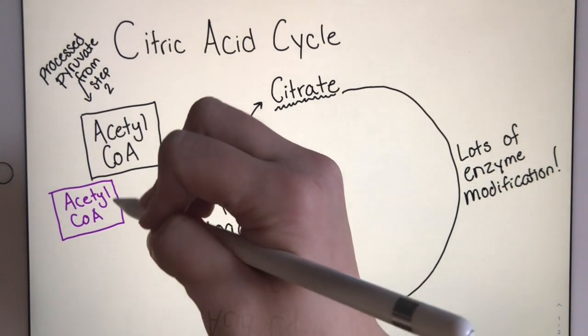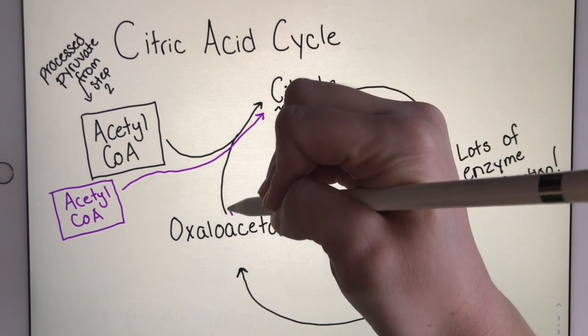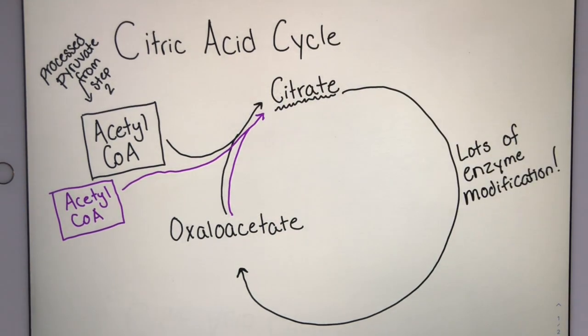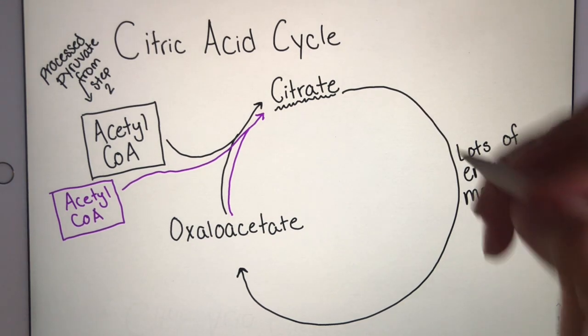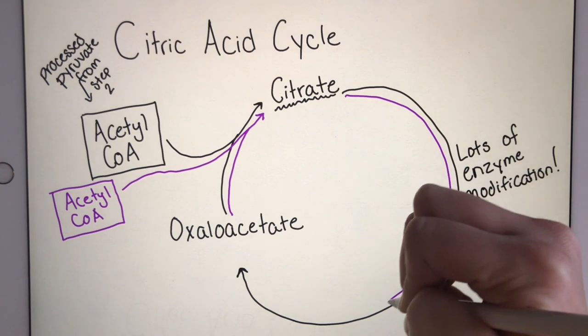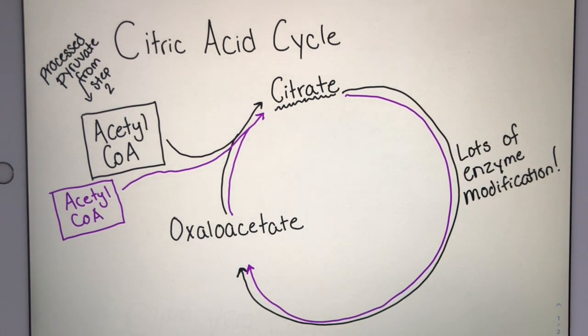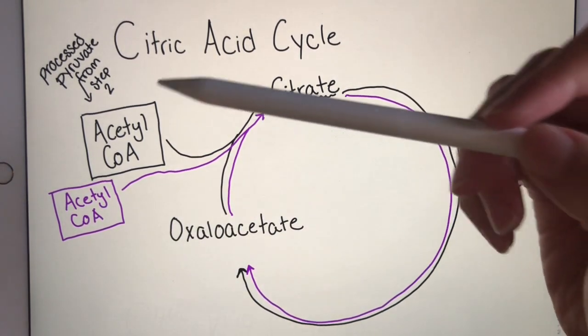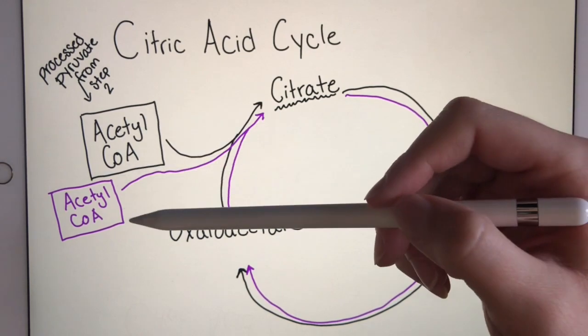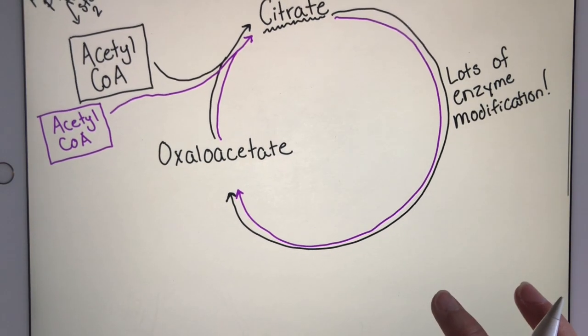So there's my other molecule of acetyl-CoA coming in, combining with another molecule of oxaloacetate to become citrate, which is then modified extensively by enzymes to be recycled back into oxaloacetate. So you can see now that I have both acetyl-CoAs from step 2, and that's going to help me when I'm figuring out the products that we have.